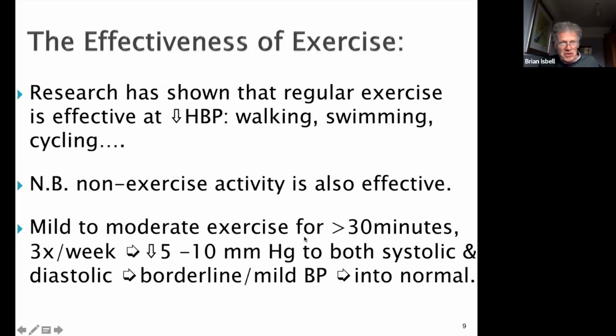So mild to moderate exercise for greater than 30 minutes, 3 times a week, and it's controlled. So people have carried out studies with that amount of exercise and found that you get 5 to 10 millimeters of mercury in both systolic and diastolic, a reduction in both those two. And that could be enough to turn borderline or mild blood pressure into normal.